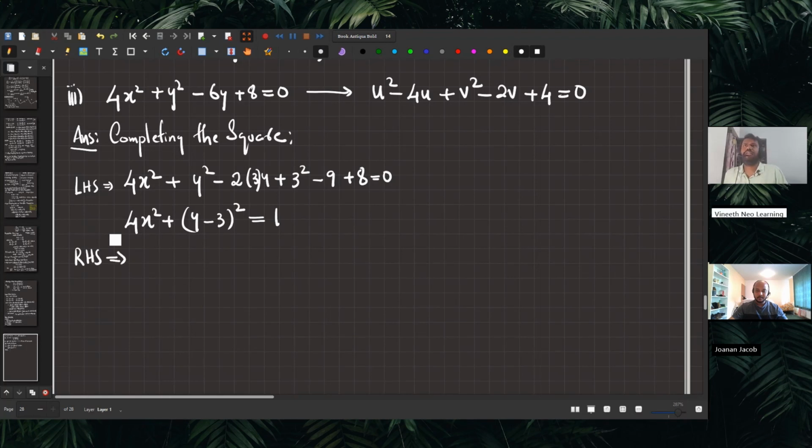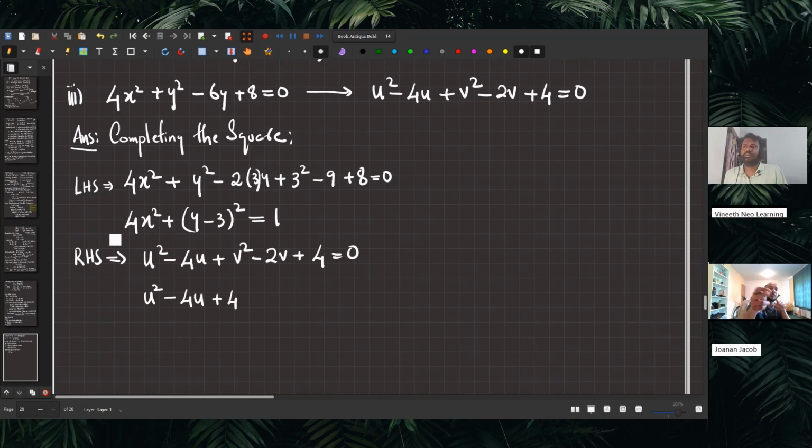Okay, the RHS will become u squared minus 4u plus v squared minus 2v plus 4 equals 0. You tell me what we can do here. u squared minus 4u plus 4. I just took plus the 4, and then minus 4.